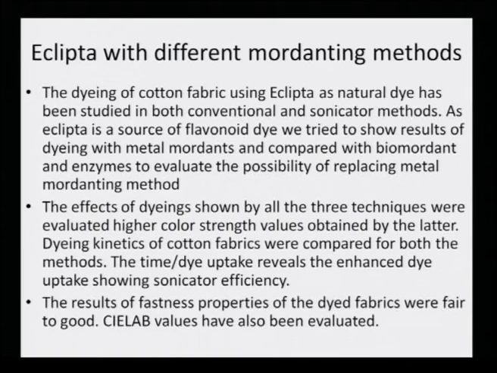The results of fastness properties of the dyed fabrics were fair to good. CIELAB values were also evaluated, because unless we evaluate the CIELAB values, it will not be clear what kind of shades are obtained from these dyes.